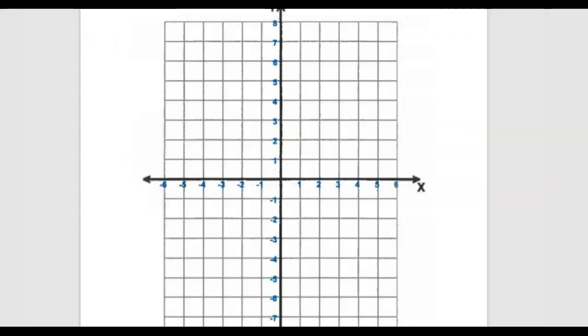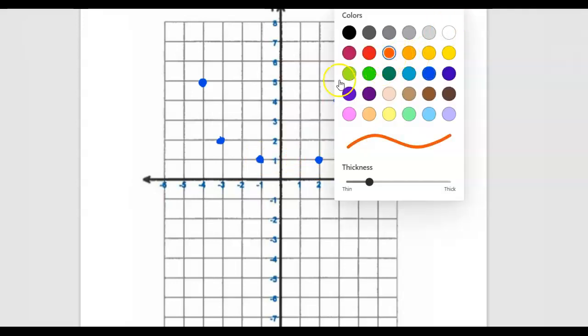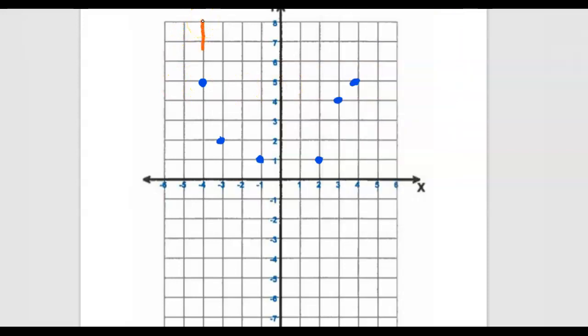So let's go over to an actual graph. If I'm looking at just some points on a graph, at every value I can draw a vertical line. And as long as it only touches my points one time, then it will be a function.